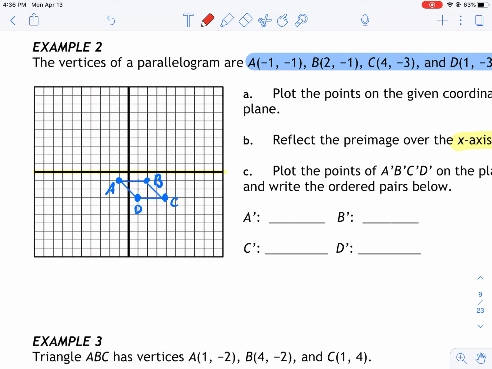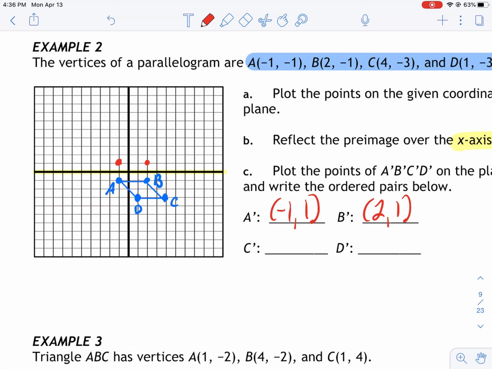Okay, so if you did it correctly, A should have come up here. That's 1 away, so that should have come up there. So the new point of A is -1, 1. The new point of B, again, 1 unit away from the line of reflection, is going to become the point 2, 1.